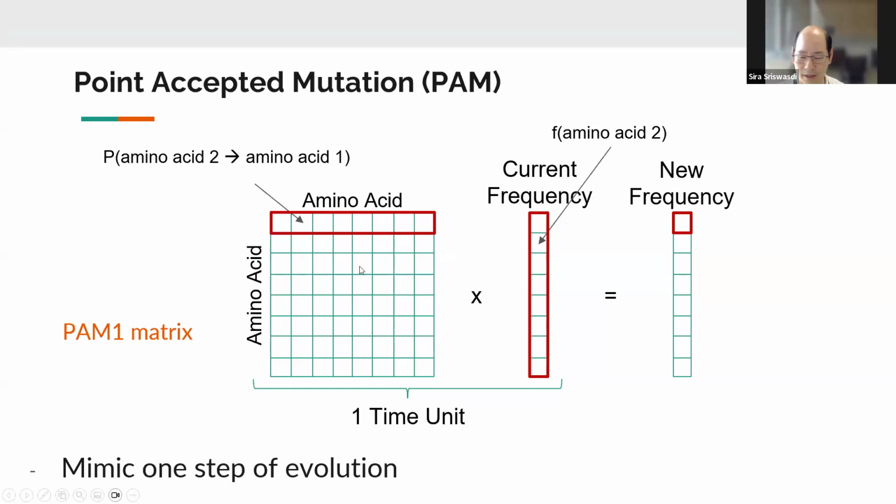So basically this matrix can change one amino acid to another. And at the end you get a composition of the new amino acids. This model is called point accepted mutation, or PAM.